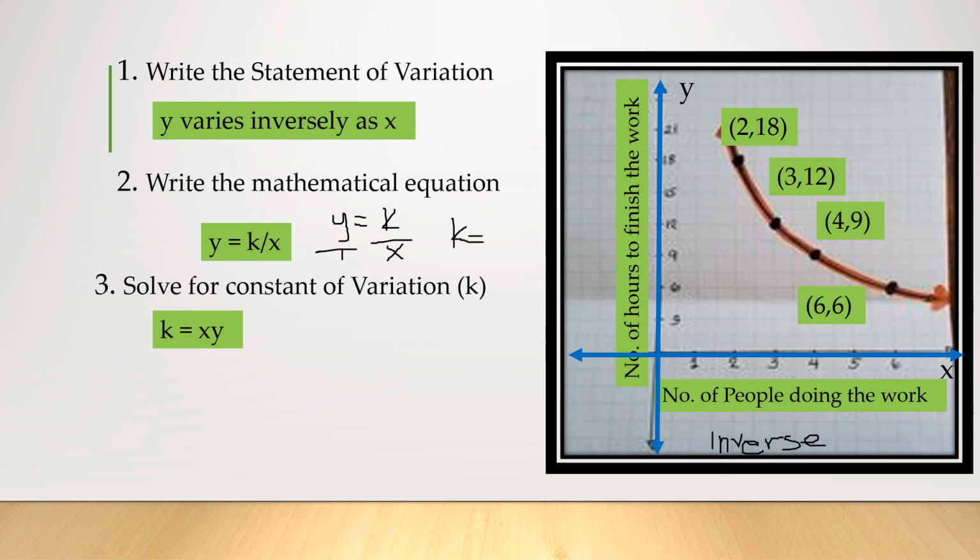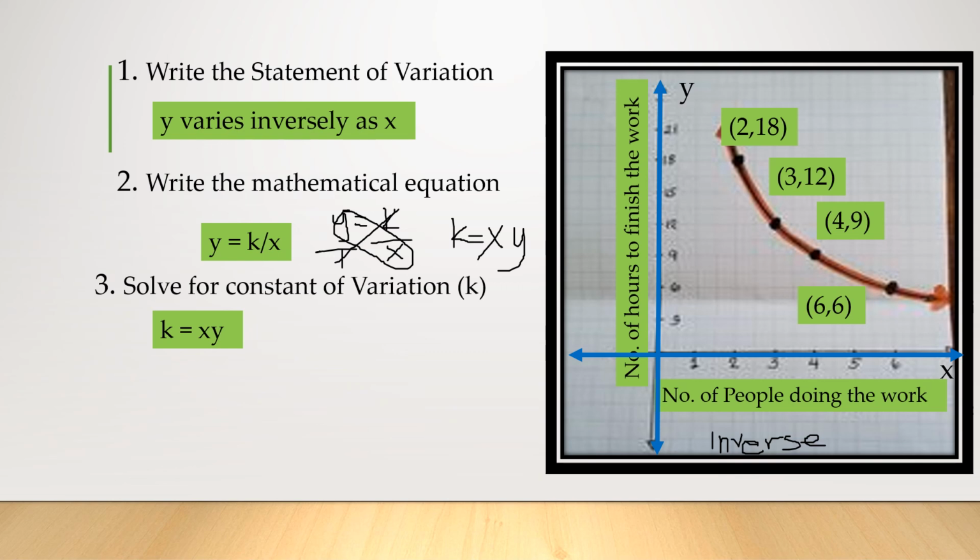There is 1 here, so cross multiply: k times 1 is k, and is equal to x times y. So in case you forgot.